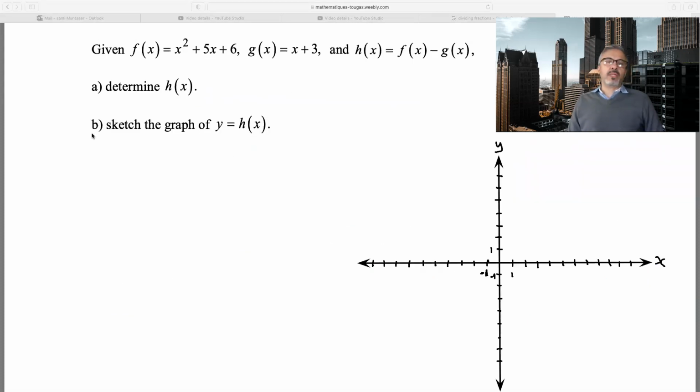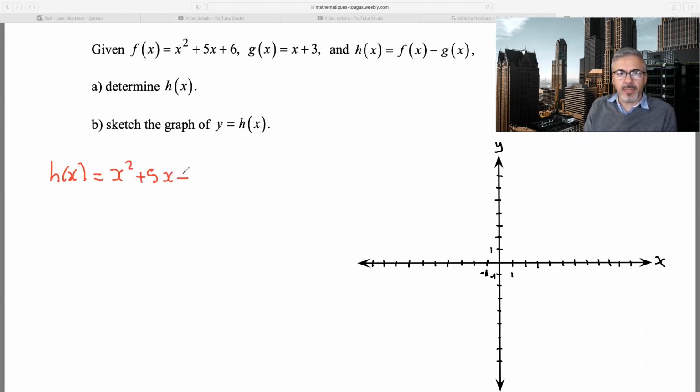So here's another question with the function notation. The first thing they say, determine h of x. So h of x is f of x minus g of x. So basically what you want to do here is, okay, h of x equals f of x, which is x squared plus 5x plus 6, minus g of x, which is x plus 3, which gives you x squared plus 5x plus 6 minus x minus 3.